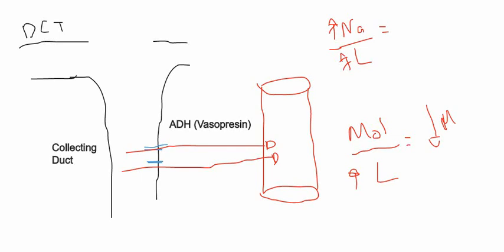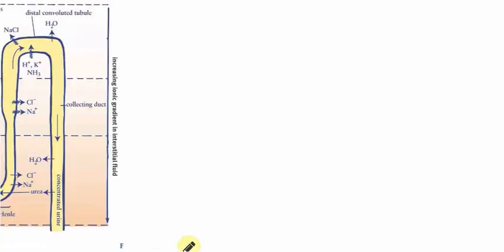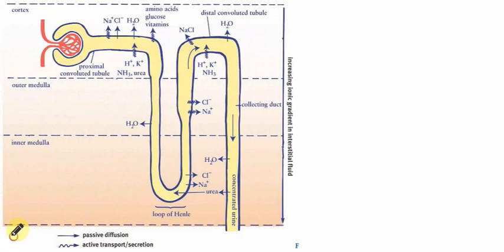So now let's talk about some secondary roles that the nephron has. So I guess a better picture would be this one right here. This should be in the Kaplan book. This is pretty much everything that I explained. We start from the Bowman's capsule, filtration, then we move on to the proximal convoluted tubule, where you have both reabsorption and secretion.